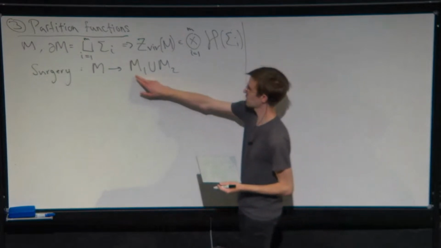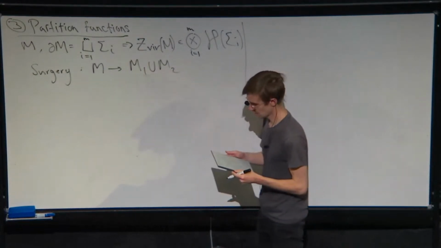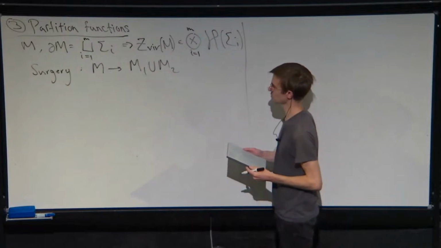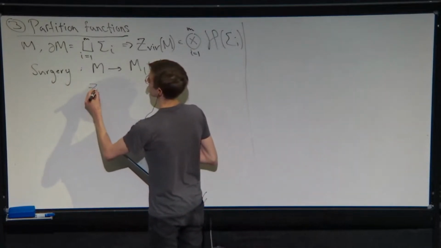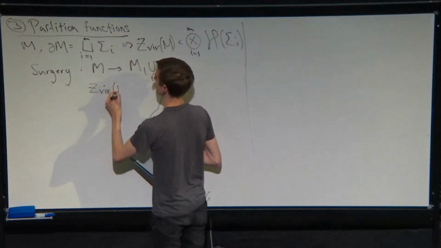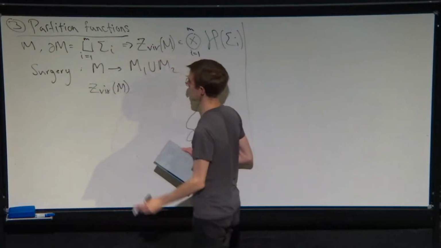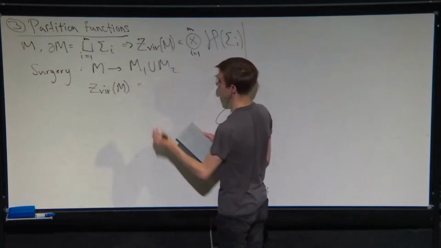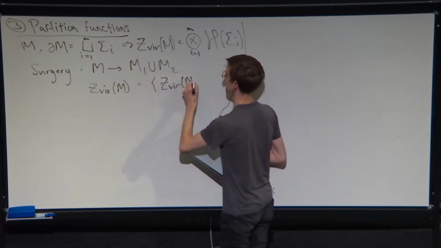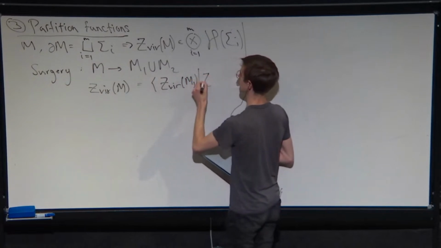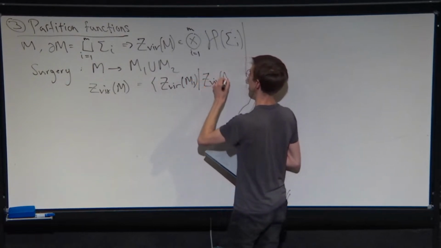And so there's some shared boundary component between these two smaller pieces, M1 and M2. Then the partition function on M is simply given by the inner product of the partition function on these smaller pieces.